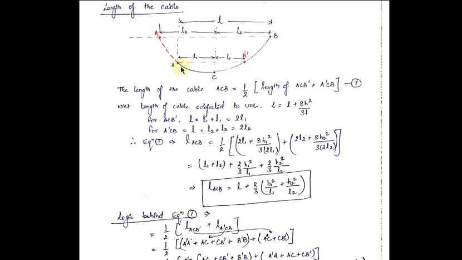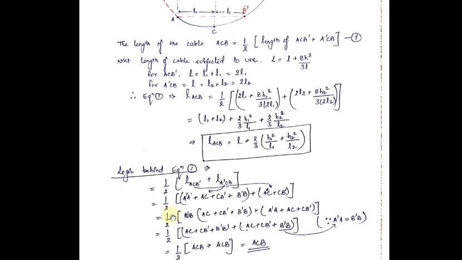This portion ACB dash has two parts, AC and CB dash, so I can write ACB dash as AC plus CB dash. This part A dash CB has four parts, A dash A plus AC plus CB dash plus B dash B. So I can write this length as A dash A plus AC plus CB dash plus B dash B.